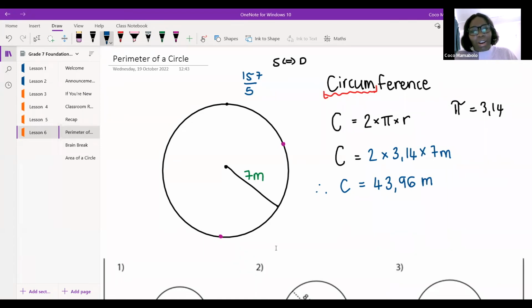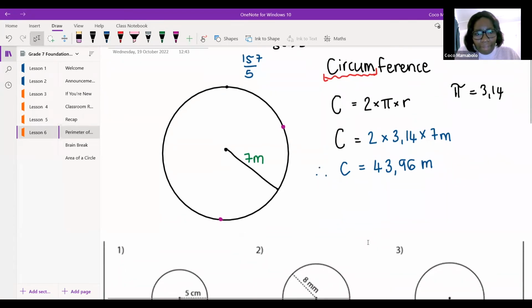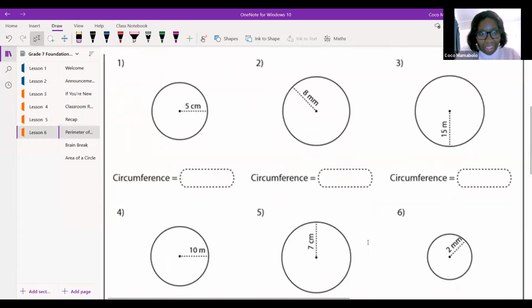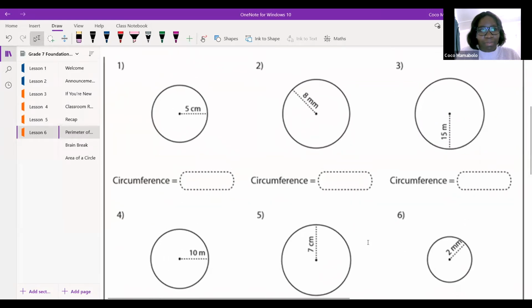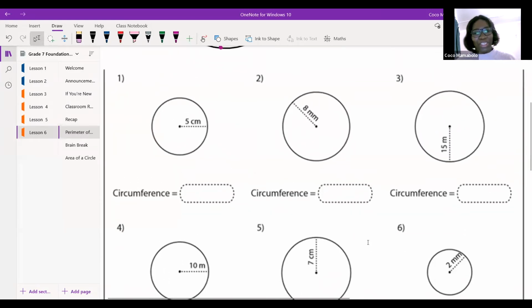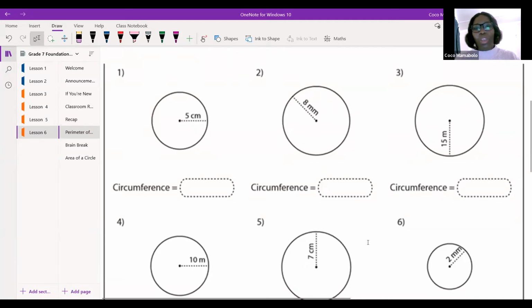As a matter of fact, here we go. These are the ones that we're going to do. We are going to do these 6. Now I'm going to remind you guys that my circumference is equal to 2 times pi times the radius, and pi is equal to 3.14.